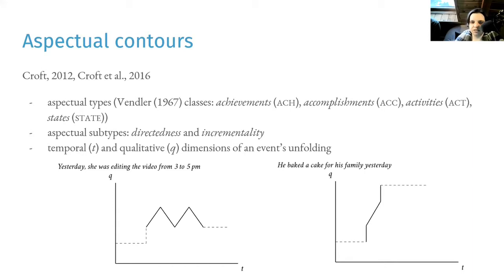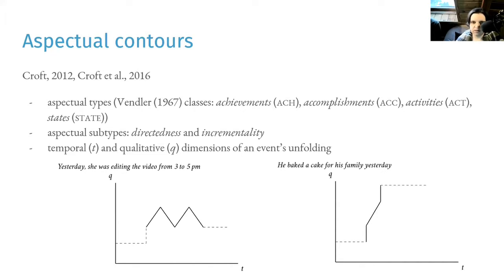As regards particular aspectual types, Croft draws on Vendler's well-known categorization of events into states, processes, telic durative accomplishments, and semelfactive or punctual achievements. But he also enriches the classification with other features relevant for the delimitation of aspectual subtypes.